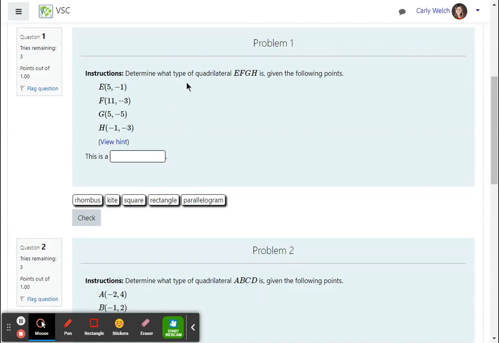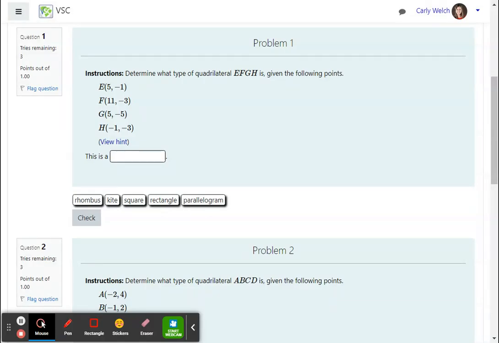All right, so determine what type of quadrilateral EFGH is given the following points. One way to do this is in the Desmos scientific calculator. I'm going to do the distance formula without the radical, because that'll round it for me anyway.